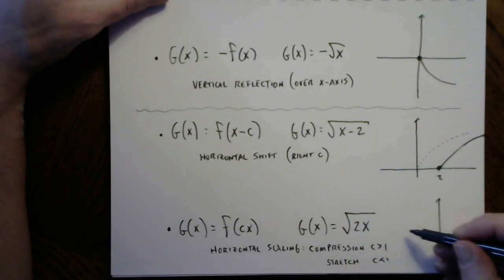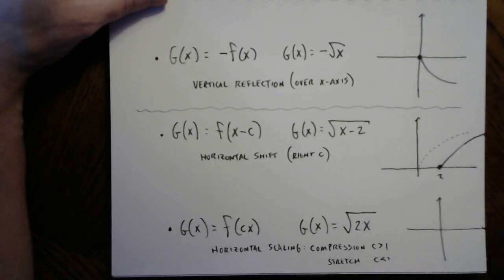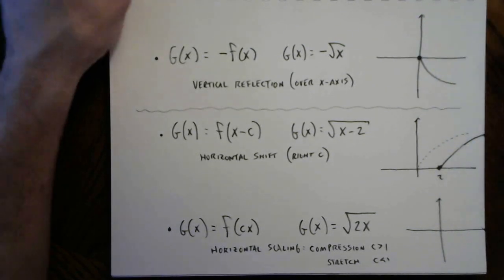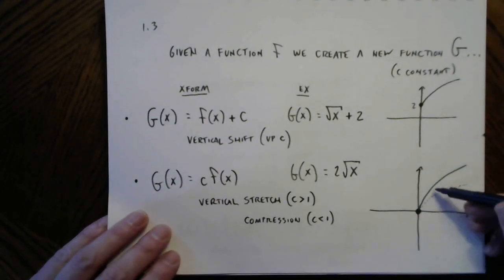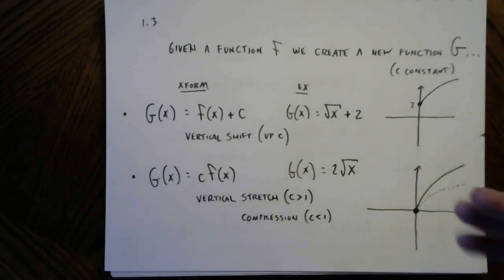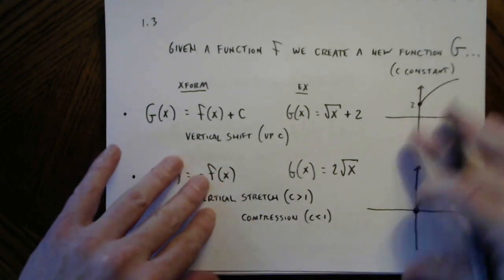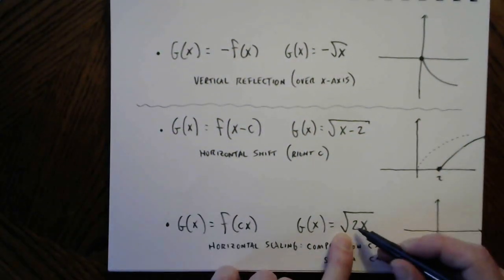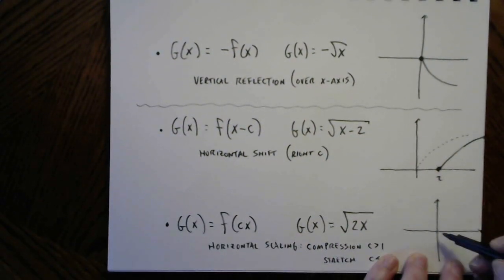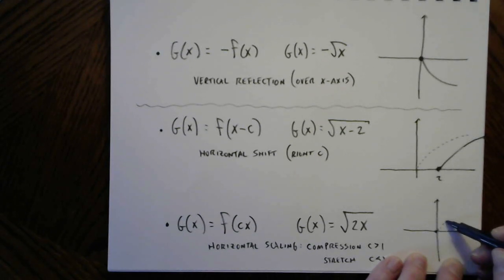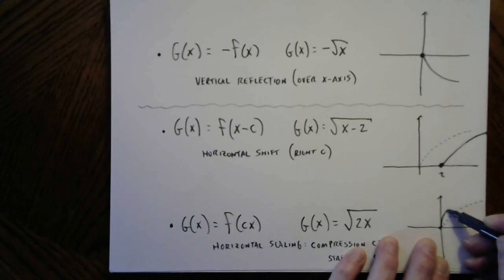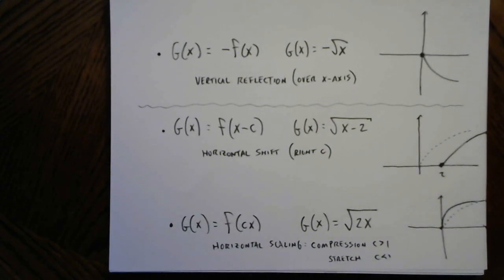This is more about qualitative. I did with the shifts because that's really easy, but with the scaling, I'm not trying to get points down here. We understand it's more about the physical effect instead of the numbers. So this is a compression. The factor is by 2. So again, if the original looks like this, what does it look like when I compress horizontally? It kind of gets scrunched up here, something like that.